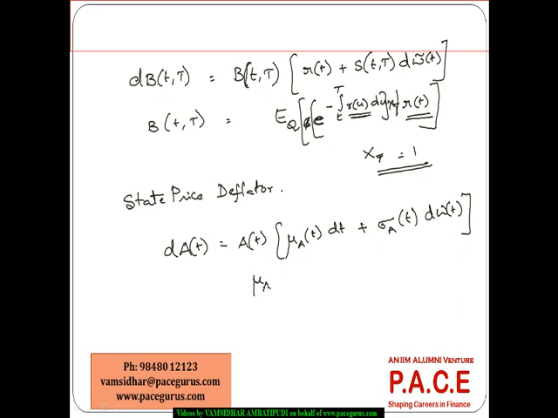We know that mu_A(t) here is nothing but minus r(t), which makes the entire deflator process a supermartingale. From this we can go ahead using the state price deflator approach.